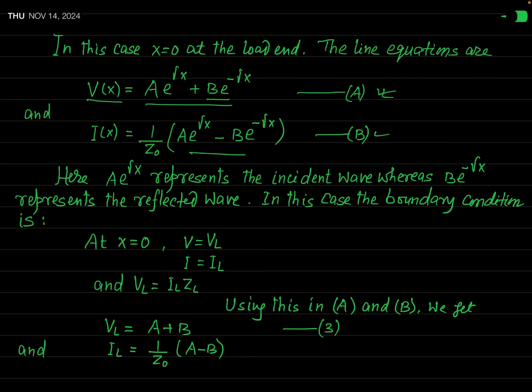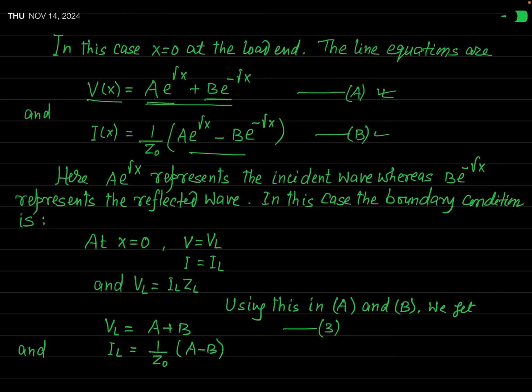In this case, B times e to the power minus gamma x will represent the reflected wave, and A times e to the power gamma x will represent the incident wave. This is the difference.